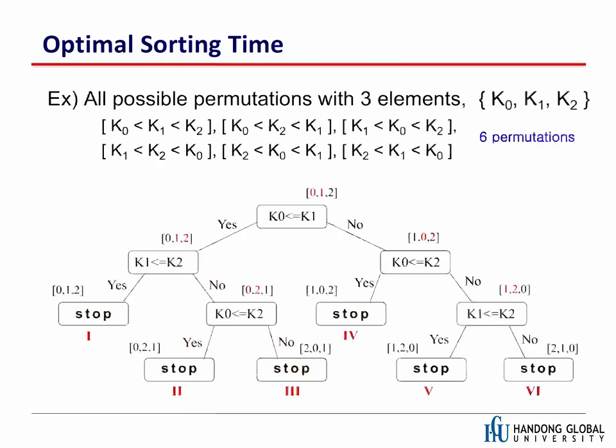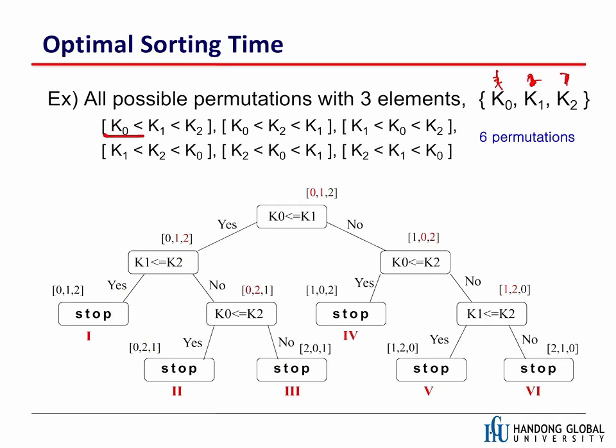Okay, so we have three elements. In this case, instead of 1, 2, 3, we have K0, K1, and K2. And we don't know. Maybe this one is 2, 3, 1, or it could be 3, 2, 1, or 1, 2, 3. We don't know. Then with three elements, how many kinds of orders can we get?